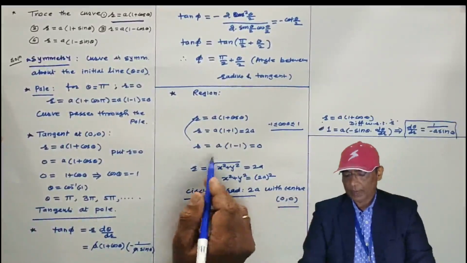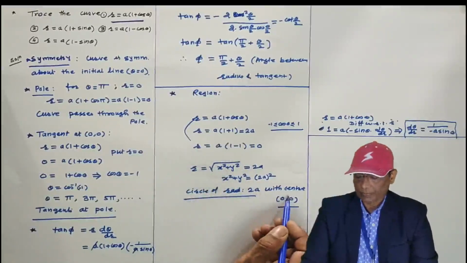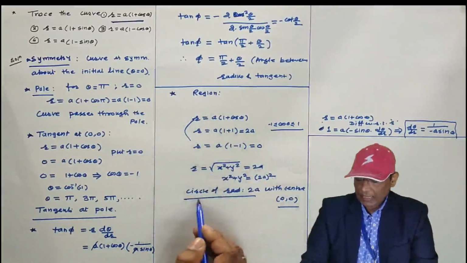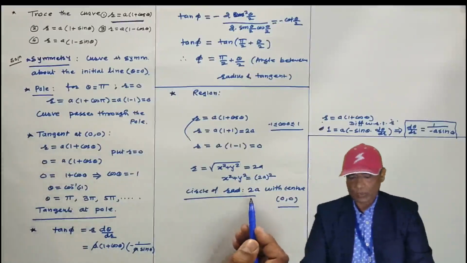Here the curve lies within the circle of radius 2a, where the center of the circle is 0, 0.